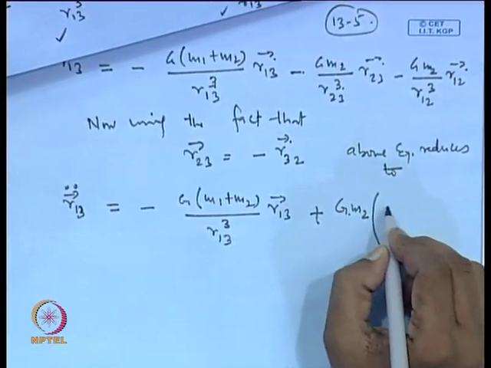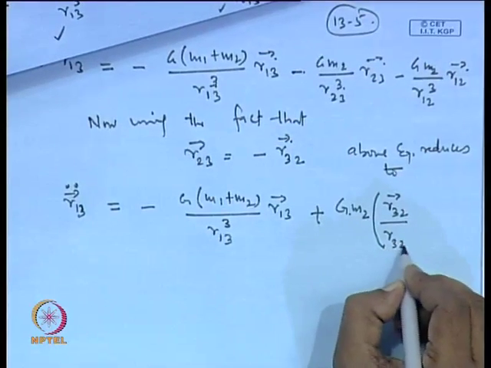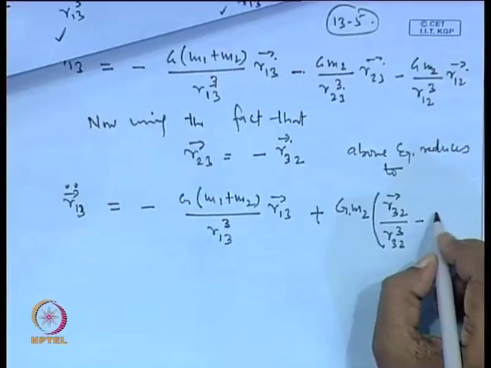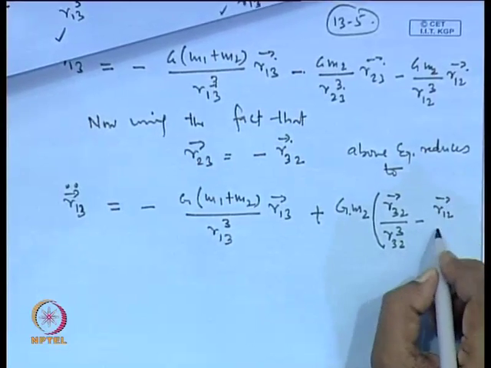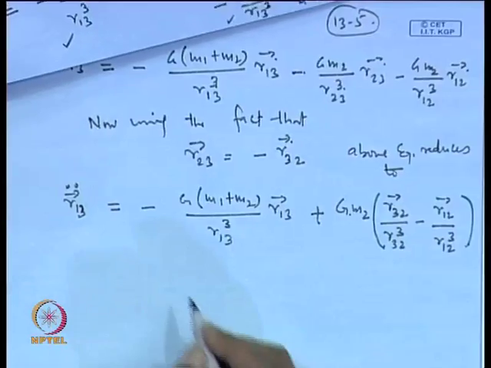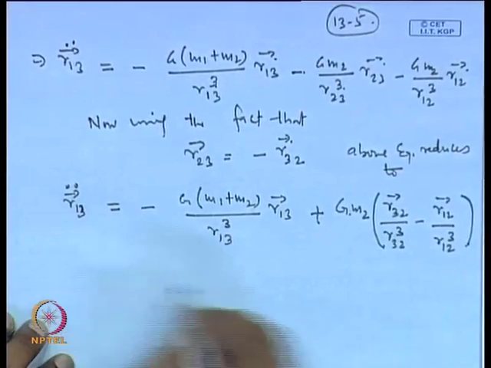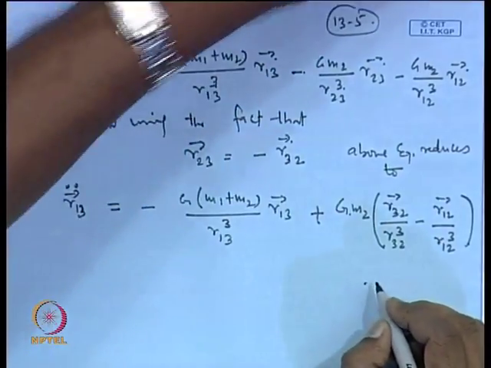Inside the bracket we will have R32 divided by R32 whole cube minus R12 divided by R12 whole cube. Okay. So, this is our equation number 5.